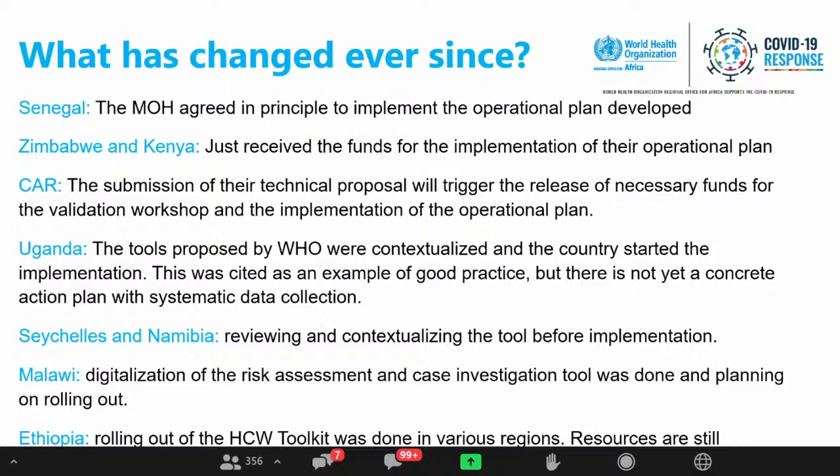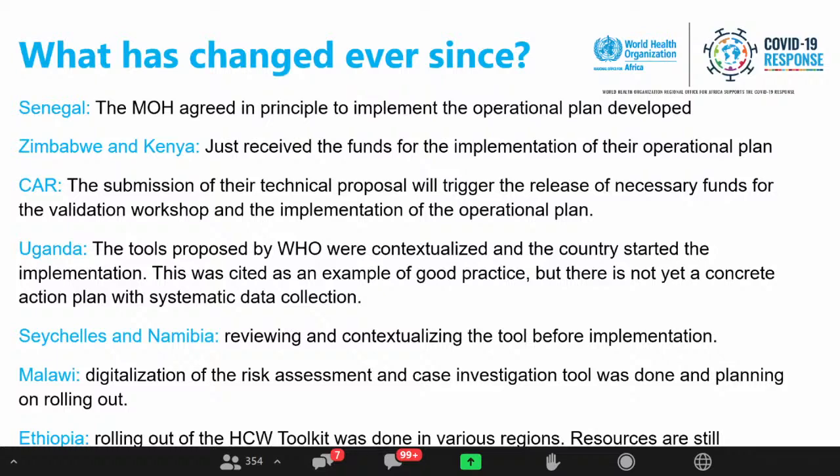In Zimbabwe and Kenya, they just received the funds for the implementation of their operational plan, because they developed an operational plan. In Central Africa, they have sent a technical proposal that will trigger the release of necessary funds for the validation workshop and implementation of the operational plan. In Uganda, the tools were contextualized and the country started the implementation.